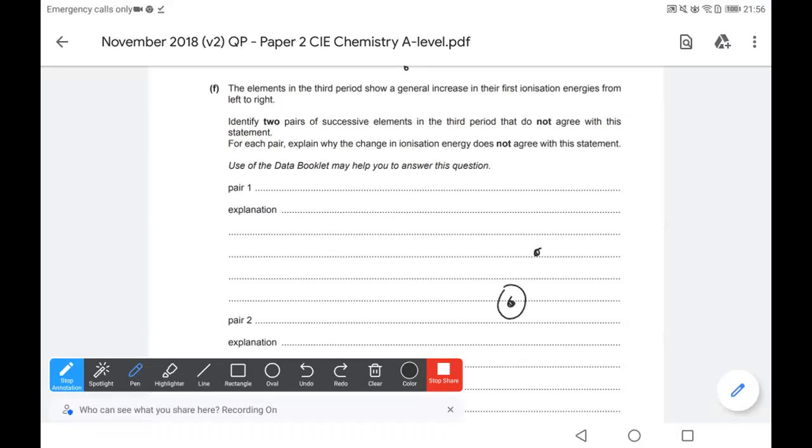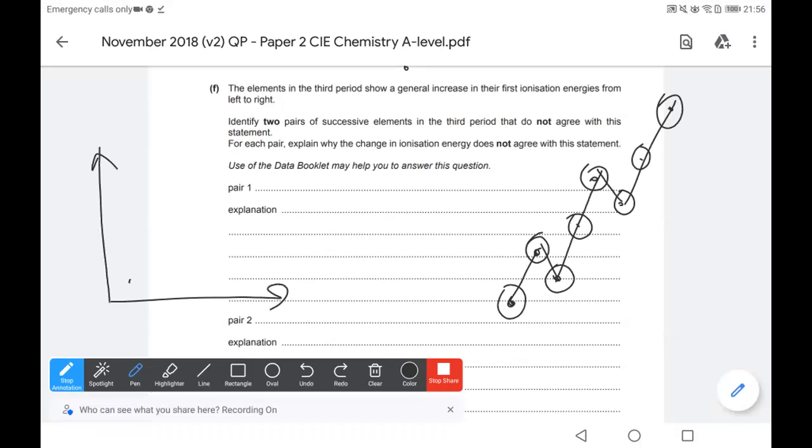First group, first ionization energy pattern. Second, third, fourth, fifth, sixth, seventh, eighth. Earlier, scientists thought that because radius decreases, there is a general increment. But then they found the general increment changes in two positions, third group and sixth group.